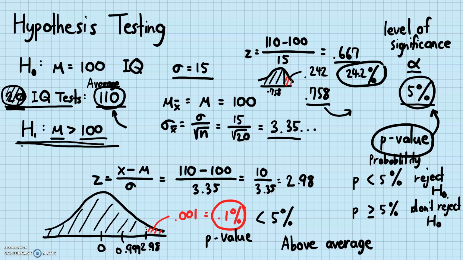So if you just took one IQ score of 110, that is not going to reject your null hypothesis. This makes sense because even though your average is still 100, you could get an above average score on one IQ test. Doing well on one IQ test is not enough to reject the null hypothesis.